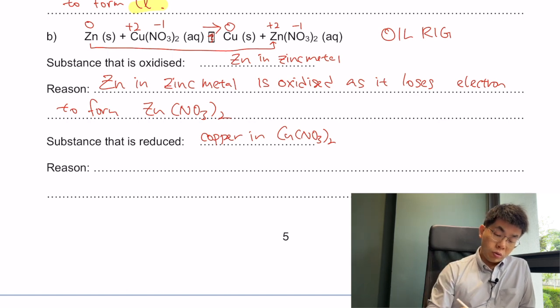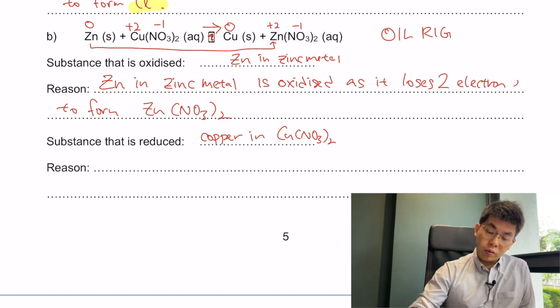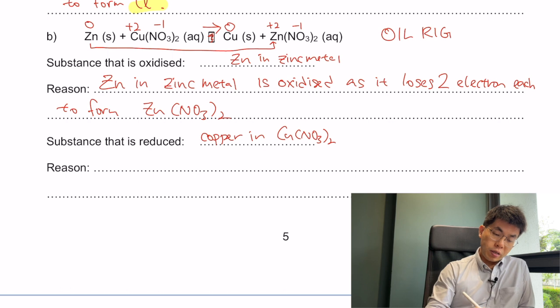So how many electrons? I went from 0 to 2, so that's a difference of 2, so it loses 2, and remember to add the word each. So I repeat: species, reactant, oxidize or reduce, lose or gain, the number, write the word each, and then the product.